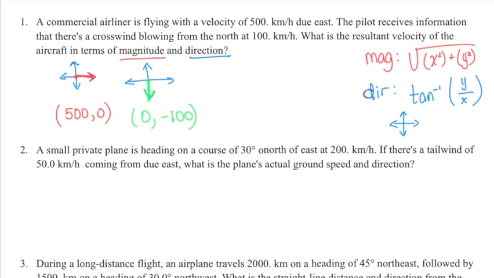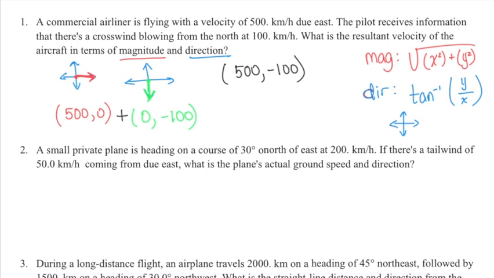So for this problem, I did not have to use trig functions up until this point, because they gave me direct on my axis movement. Now, the resultant is going to add those. So my resultant x and y is going to be 500 plus 0 and 0 plus negative 100. From here, I am going to get everything that I need to get, all right?